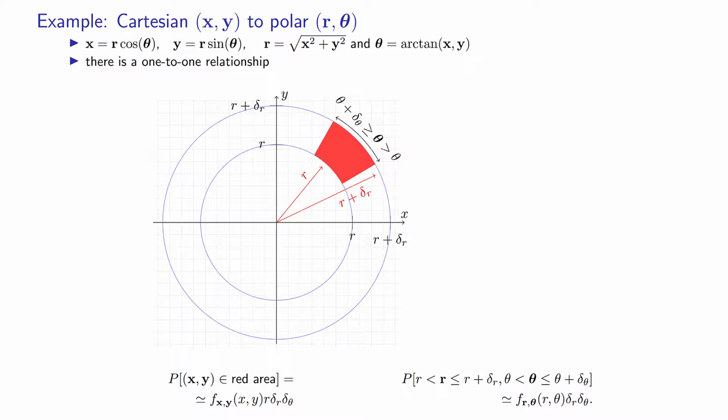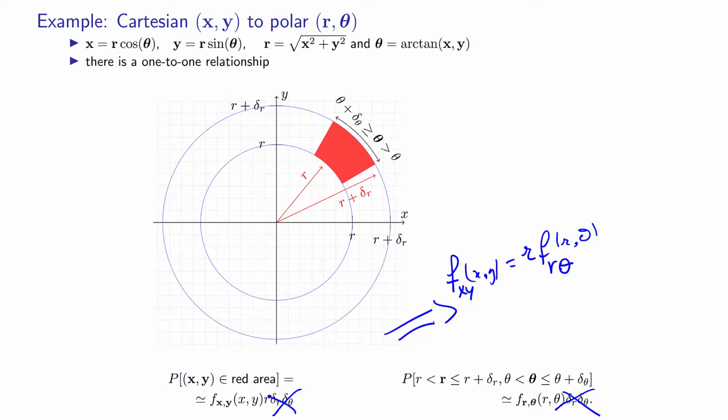So if you equate them, these two will disappear, and from here I conclude that f of x y of x and y is equal to r times f of r theta of r and theta. Obviously you should remember that x is equal to r cosine theta, y is equal to r sine theta, r is equal to square root of x squared plus y squared, and theta is equal to arc tan of y over x.